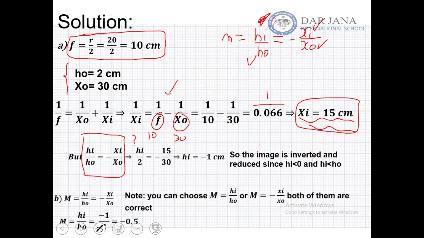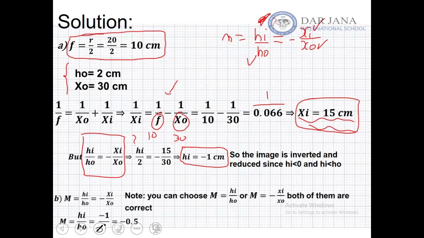So hi divided by 2, substituting ho, equals negative 15 over 30. So this implies that hi equals negative 1 centimeter. In this case, we can deduce that since it's negative, the image is inverted.